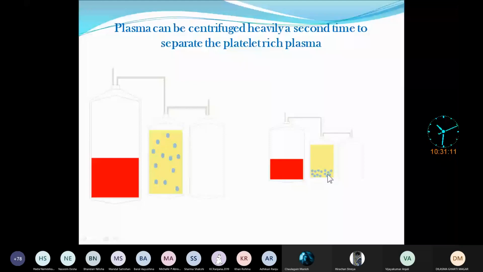For this platelet-rich plasma, as I told you, we will keep around 30 to 50 ml. So we will keep 50 ml of the plasma with the platelets, and the remaining plasma we will separate and immediately keep in the deep freezer. So it will make the fresh frozen plasma. Understood here? So this slide, did you understand?